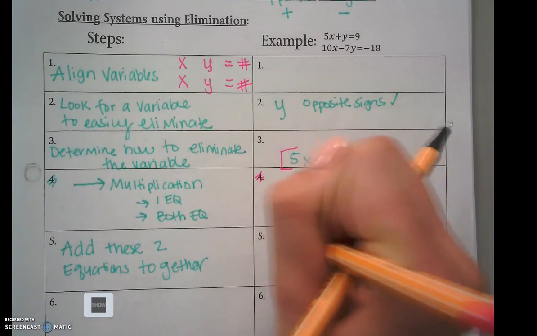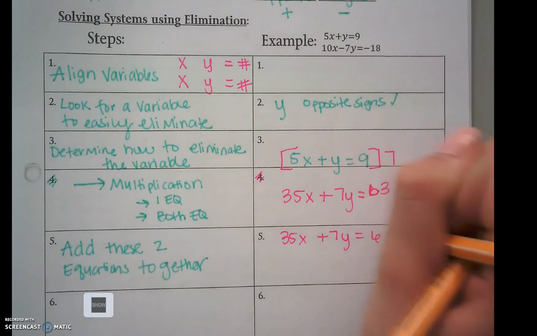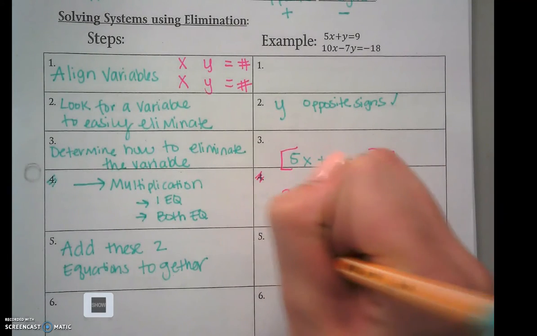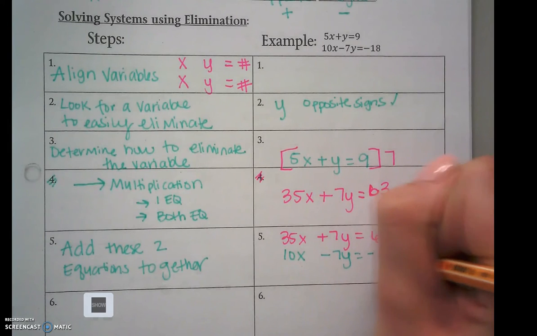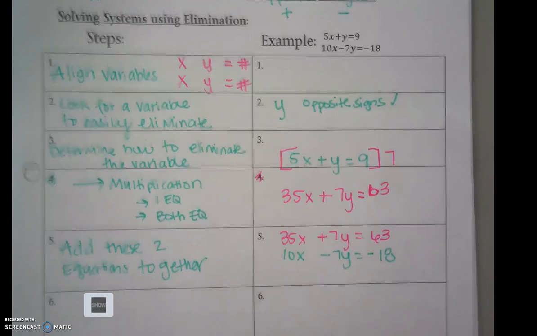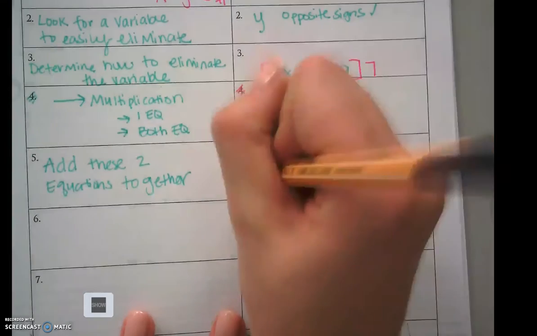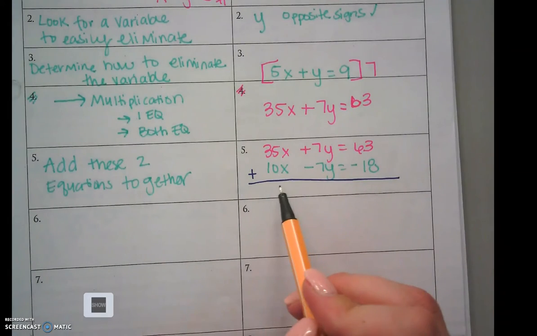So 35x plus 7y equals 63. And I'm going to rewrite the equation we did not change. When we go to add these equations up, we're going to add each column. So I'm going to put a plus and a line here.